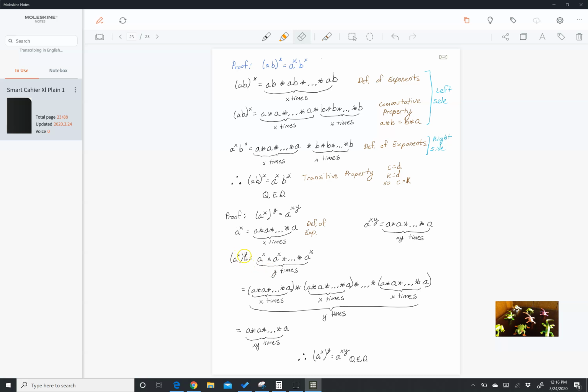We're rewriting a to the x y times because it's being raised to the power of y. Okay. This one is just definition of multiplication. Well, this one is not really a reason. All we did is we just expanded. Okay. We expanded the first and the second. This one is definition of multiplication.